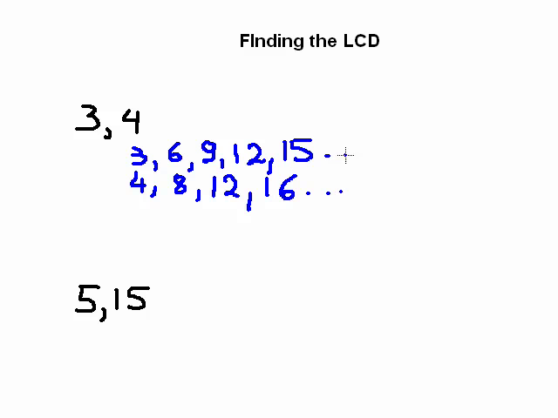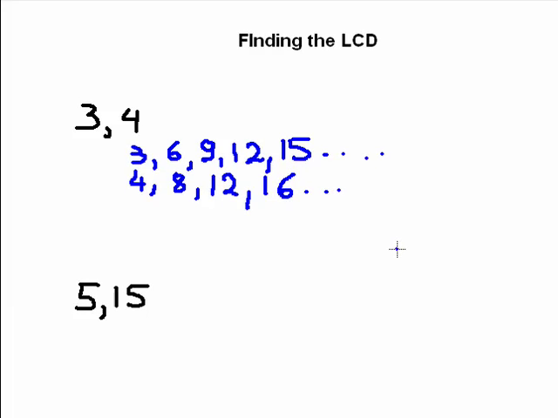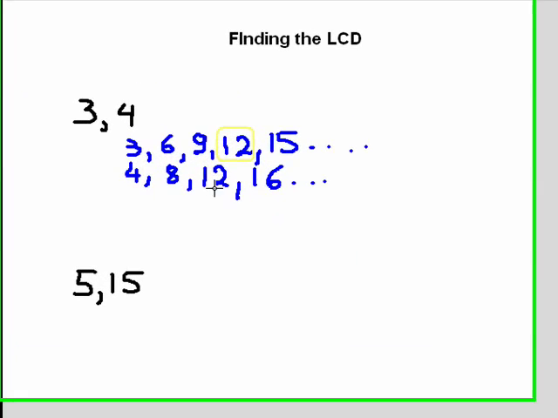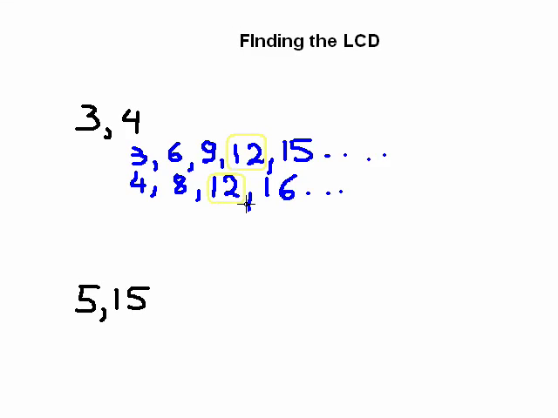Then, after you find enough multiples of the two numbers, find the common one. Right here, as you can see, the common multiple is the number 12.